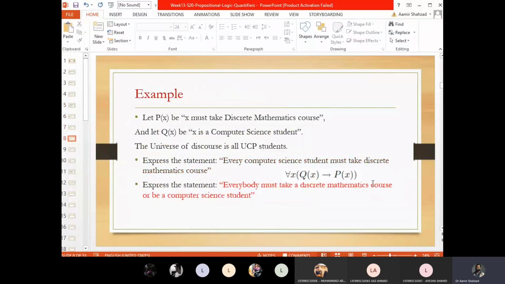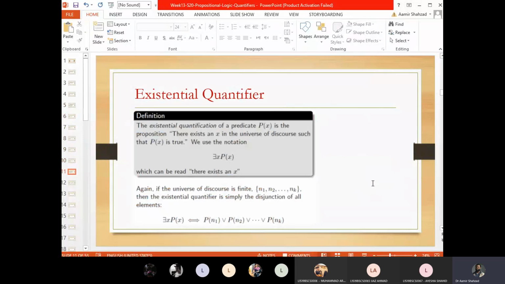And then we did a number of examples for quantifier. There was existential quantifier. There exists something for which P of x is true. So the symbol of existential quantifier is a flipped E. We have written E flipped. E stands for exist. So there exists some value x for which P of x is true.